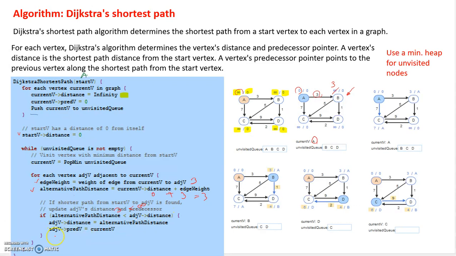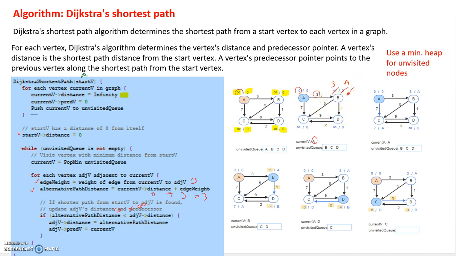And then the predecessor pointer of B is going to be current V. So this predecessor, instead of being 0, is going to be A. That means that B is reached from A, and the cost of reaching it is 3. And that 3 means the distance of B from starting node A.